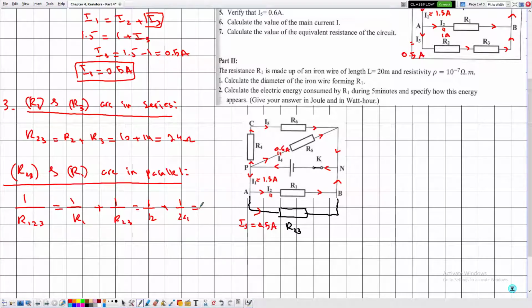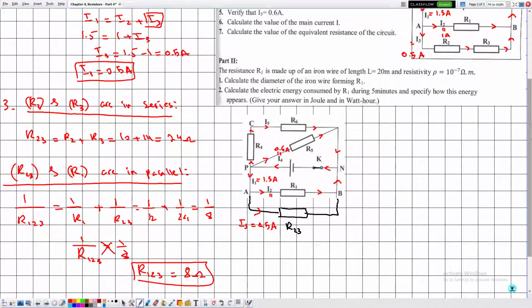Plugging it on the calculator, it's given by 1 over 8. Then in this case, 1 over R123 is 1 over 8. Now crisscross, which means that R123 is equal to 8 ohms.